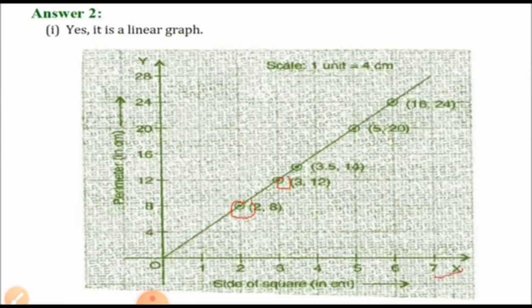Yes, points are written. Even 2 points make a straight line. So here 1, 2, 3, 4, 5 points are given. According to that, we can take 1 unit equal to 4 centimeters. Is it or not? Yes, correct. So this is a straight line graph. A straight line graph is called a linear graph. Is it or not? Clear.